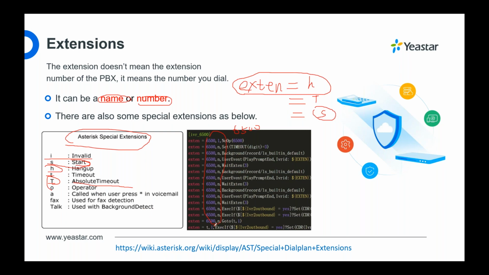And here you can see, if all the scripts finish, it will go to extension T, meaning timeout. And f is for fax detection.